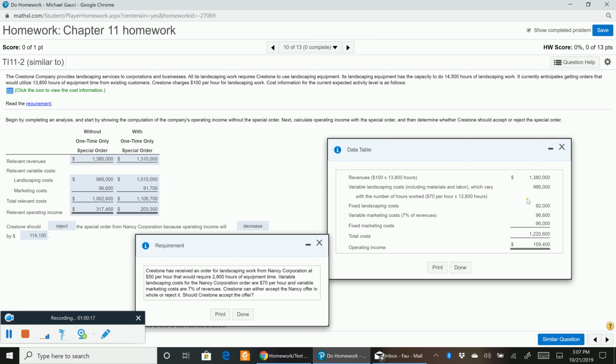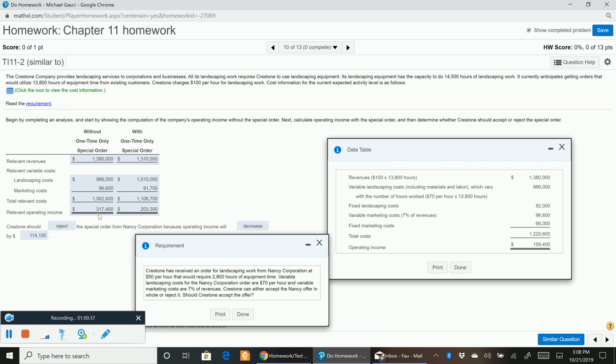Our relevant costs are only the variable costs unless told otherwise. We have 966,000 landscaping costs and 96,600 in marketing costs. And so the relevant costs are $1,062,000.